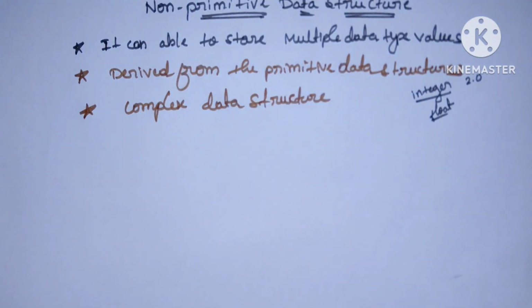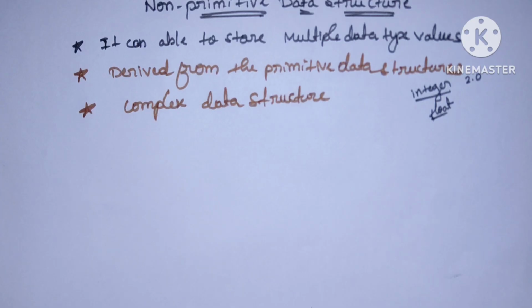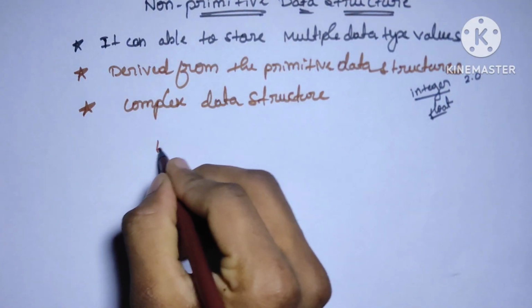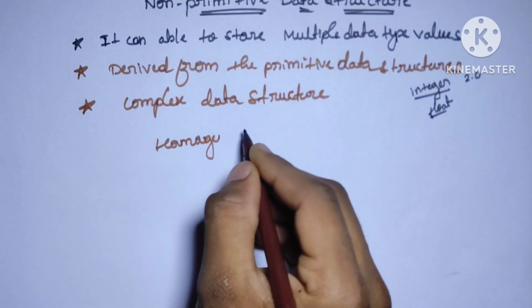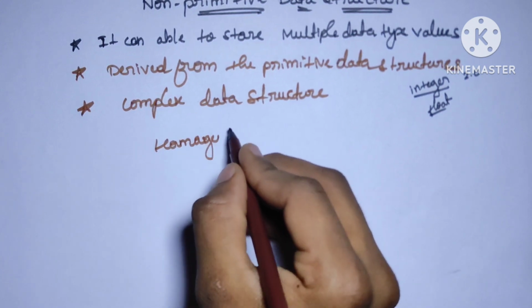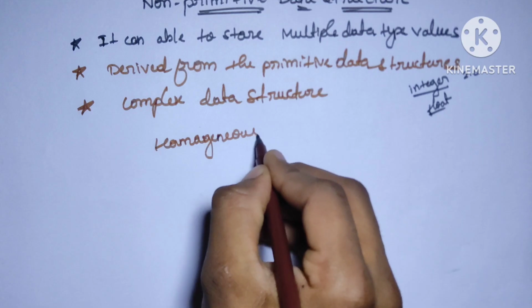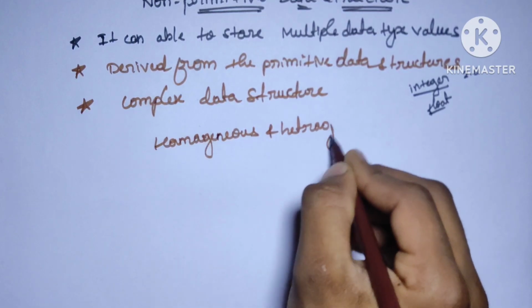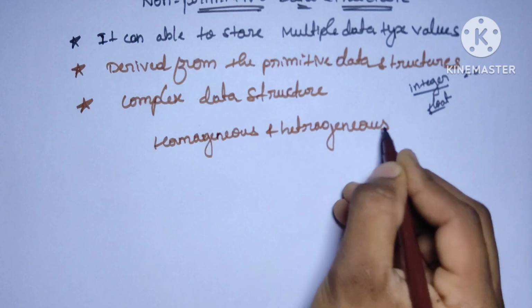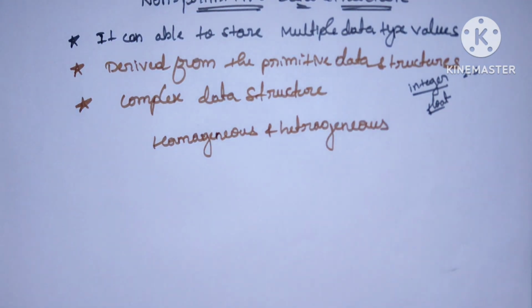As I mentioned, I am not only storing any one kind of value; it can store homogeneous data and heterogeneous data. Homogeneous means it can store only same data type elements. So what are homogeneous elements?